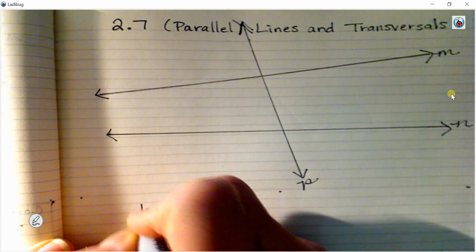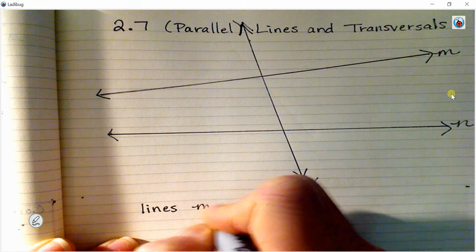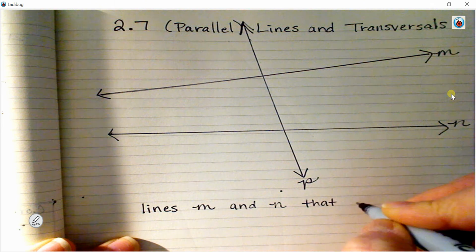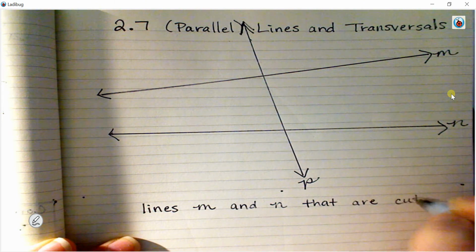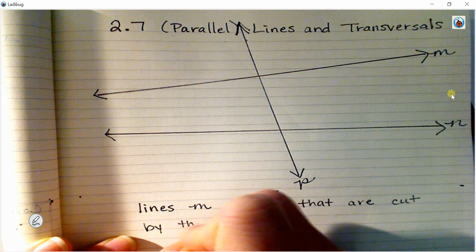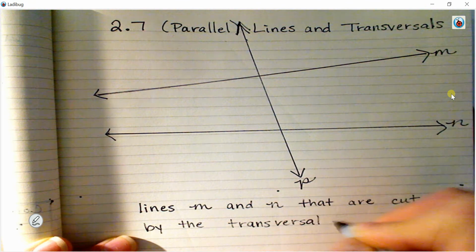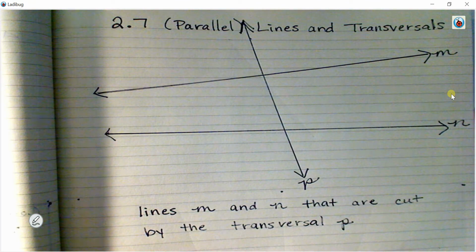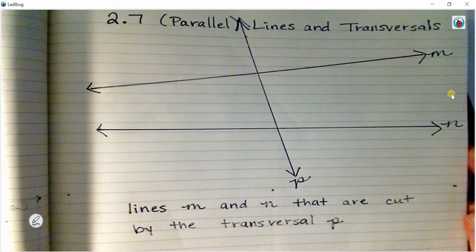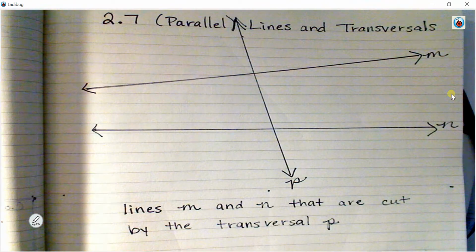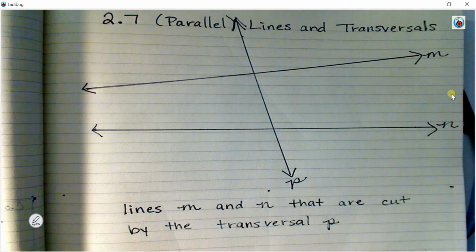So if I were going to describe what's happening here, I would say we have lines M and N that are cut by the transversal P. And we also have 8 different angles that have been formed because we have 2 different lines that have been cut by this transversal P. So a transversal is a line that will cut through 2 or more other lines, or intersect 2 or more other lines.